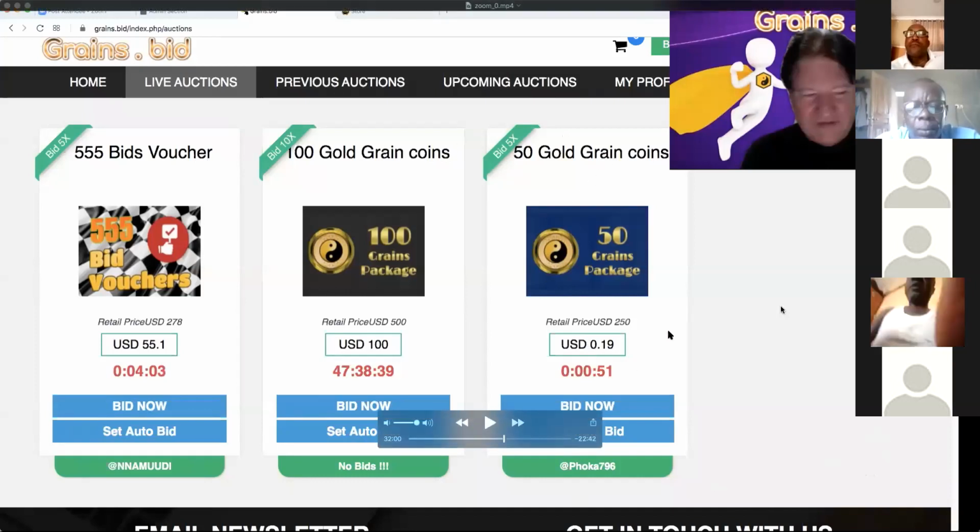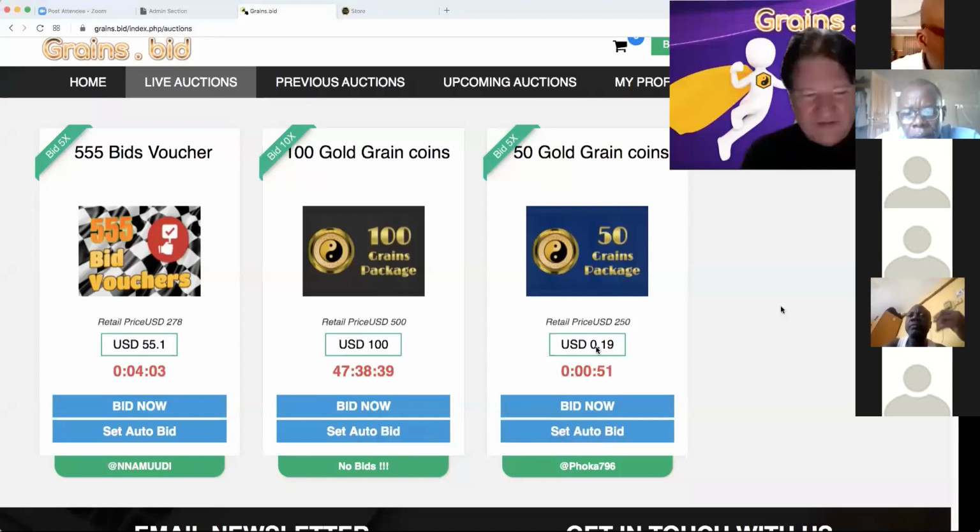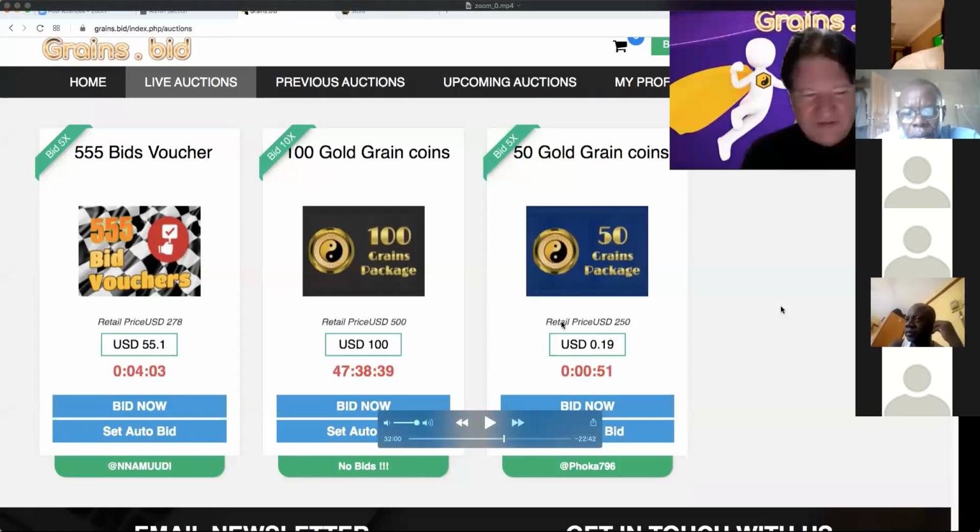It has the least amount of time on the counter right here, 51 seconds left in the auction. It has USD of 0.19. That's 19 cents, the current bid. That's how much they're bidding for this. The retail price is $250 for 50 gold grain coins.